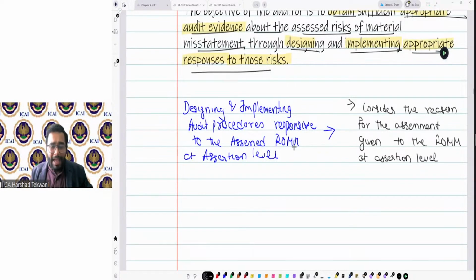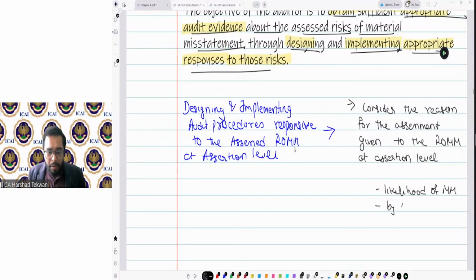And how can that reason be understood? Based on the likelihood of material misstatement due to particular characteristics of the relevant transaction, and by considering the relevant controls.